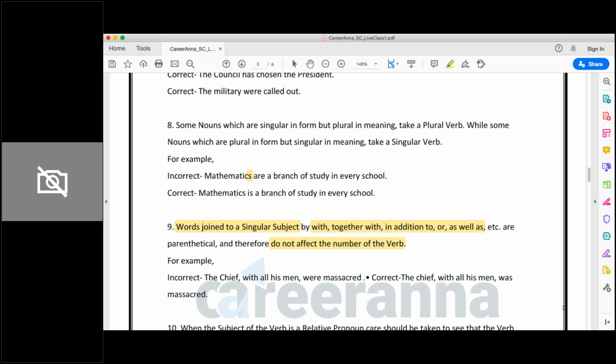But if I say men, comma, along with the chief dash killed, it would be were, because chief is only a thing which is tagging along, but my main subject remains plural. And if I say the chief with all his men, my main subject remains singular. Is it clear?